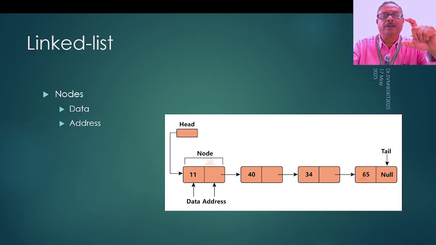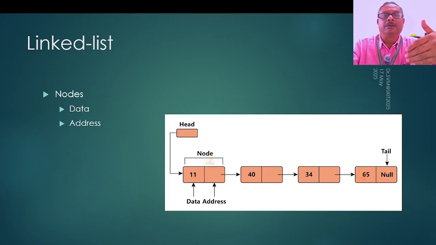So if we get a contiguous block of memory sufficient to store these two pieces of information, the data and the address, that's enough for storing one node.